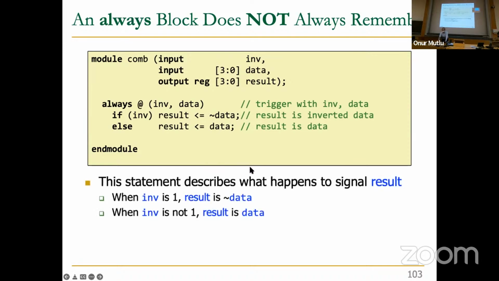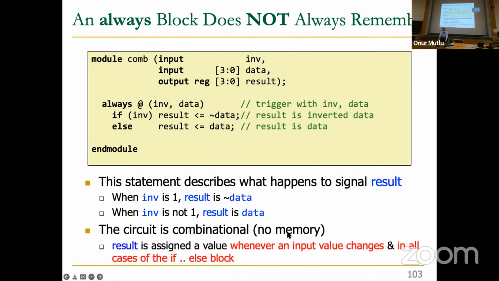Now, by looking at this, you can say this is combinational. Why? Well, first of all, I've already described this, but it has no memory because result is assigned a value whenever an input value changes, and we have two input values, INV and data, and in all cases of the if and else block. So there's no condition under which result does not get assigned a value. Meaning this is combinational because there's nothing to remember here because you didn't omit something.